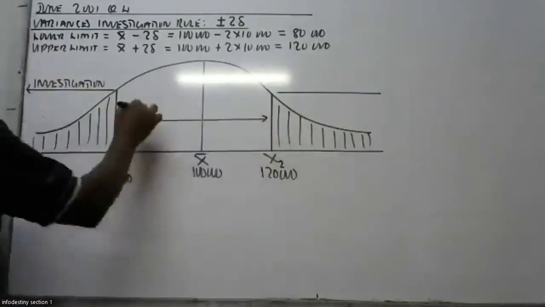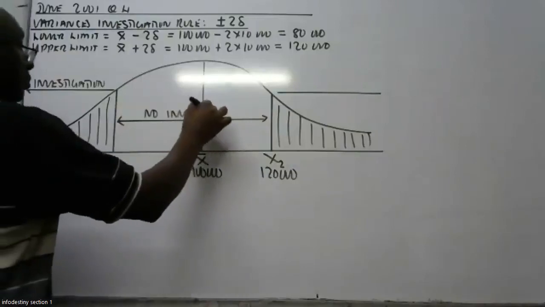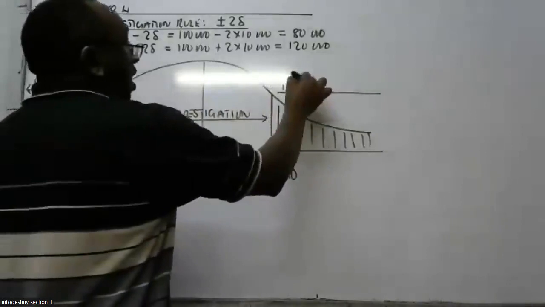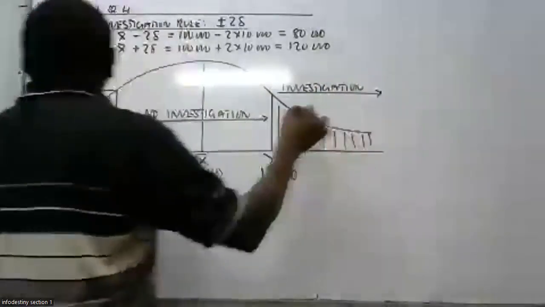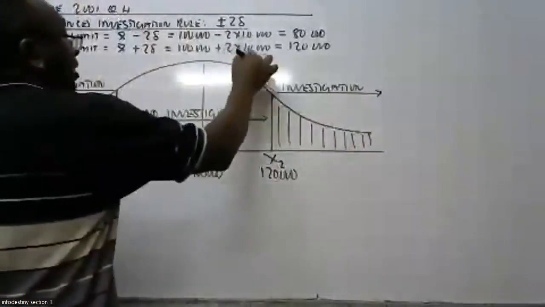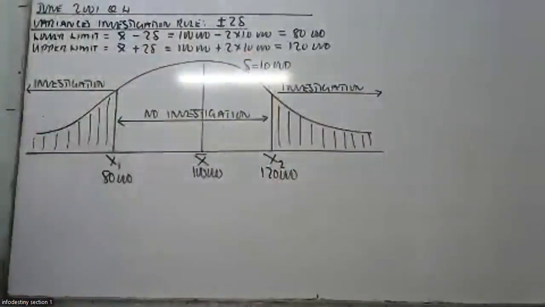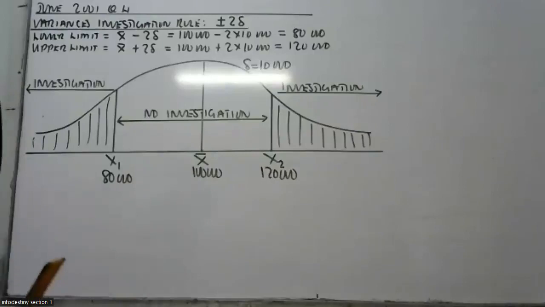If you find yourself here, no investigation. If you are here, we have investigation that way. And here, standard deviation is 10,000. Once you finish drawing, you let me know.